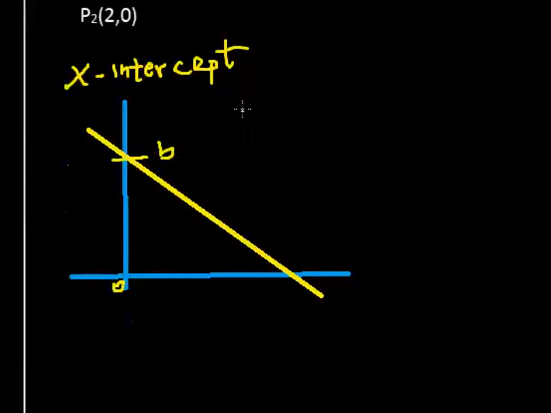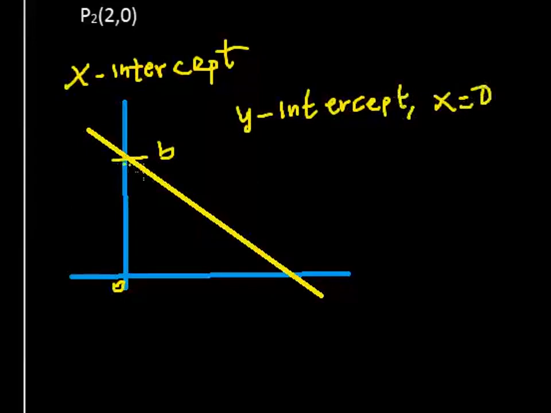At the y-intercept, x is 0. So if I want to write the coordinate of this point, it is going to be 0, comma b. So this shows the y-intercept, because y there is b and x there is 0.